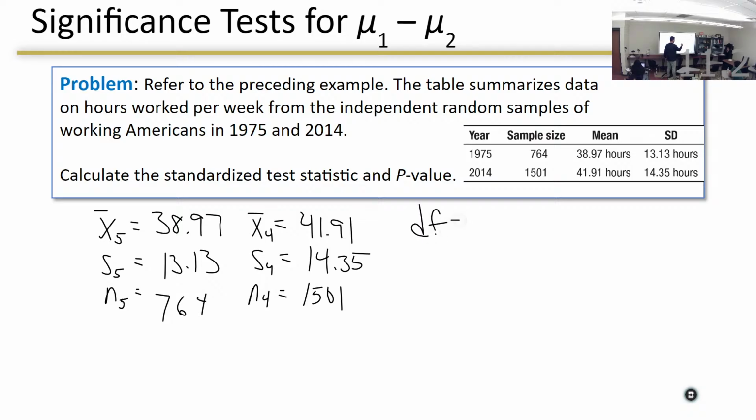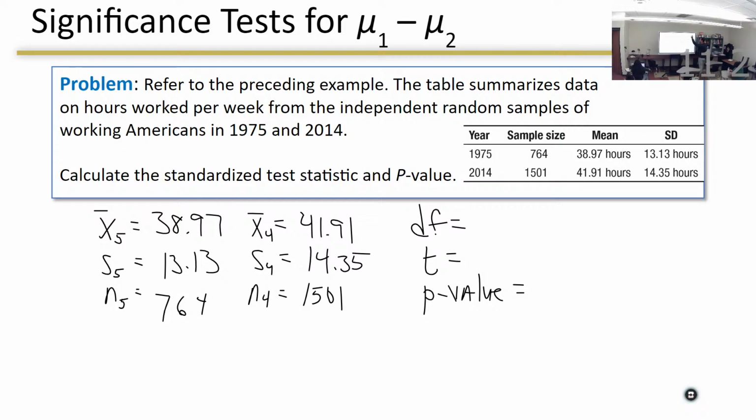DF equals, T equals, P value equals, and now I'm going to let the TI do it. Do I have to put all that? No. You can write the formula and put the values in, or you can do that. So yes, you have to do all that, or write the formula and put the values in.